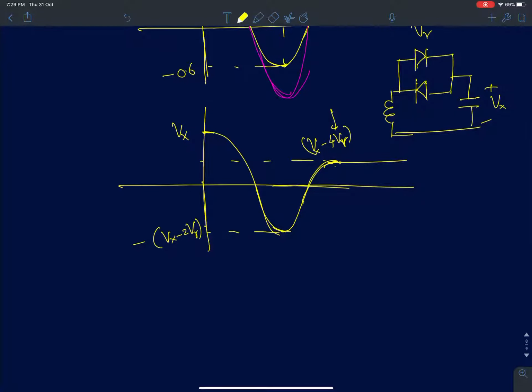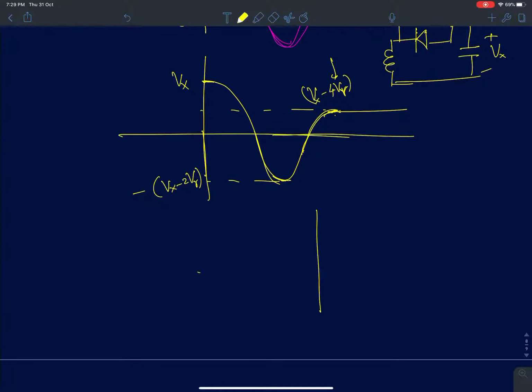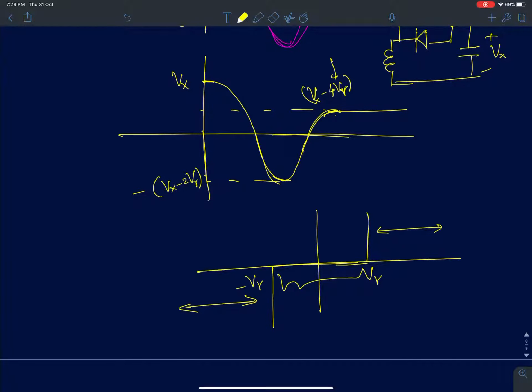We know the IV characteristic of the two diode combination looks something like this. If the voltage across the capacitor is in this range, then there will be conduction. If the voltage comes to the range between minus V gamma and plus V gamma, then there will be no conduction.